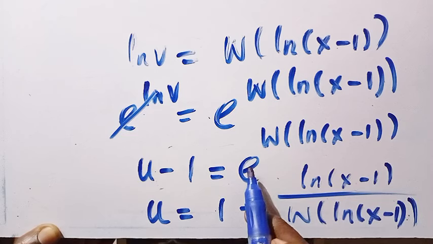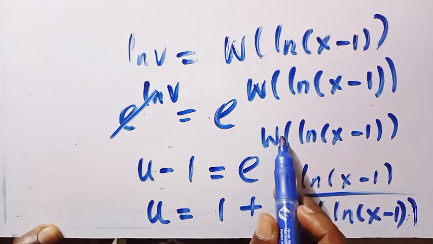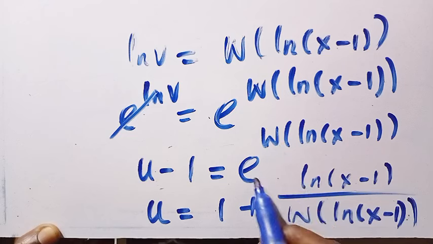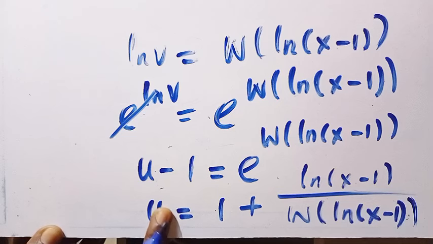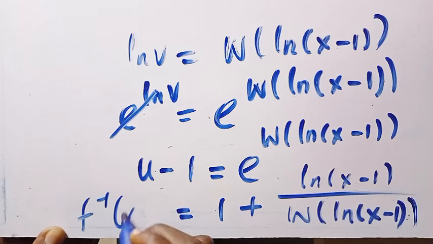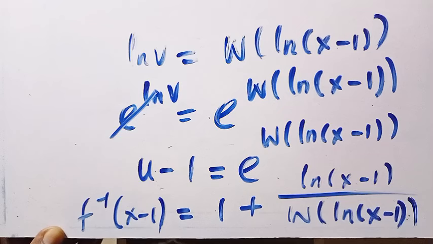This is the result: when we have e raised to the power of omega of z, we have z divided by omega of z. That is what we apply here, and this is the final answer. Don't forget that our u here is given as f inverse of x minus 1.